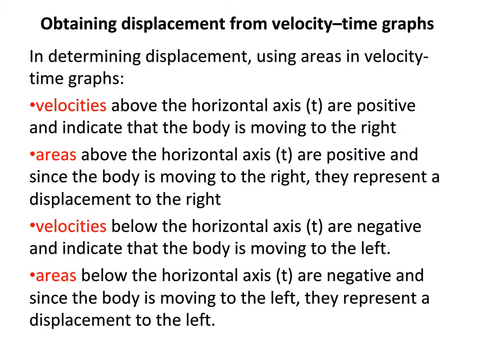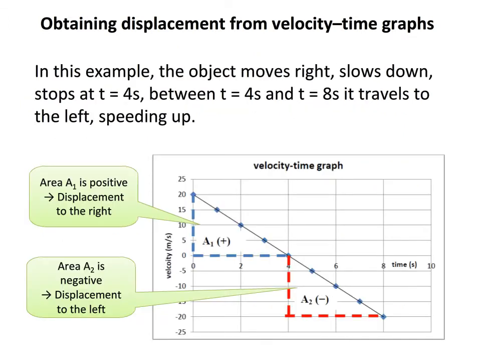Similarly, velocities below the horizontal axis are negative, and they indicate that the body is moving to the left. So areas below the horizontal axis are negative, and since the body is moving to the left, they represent a displacement to the left. Let's see how that works.